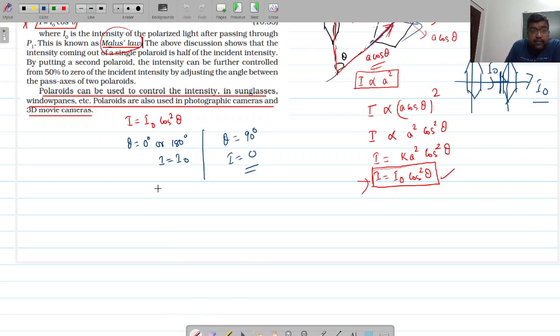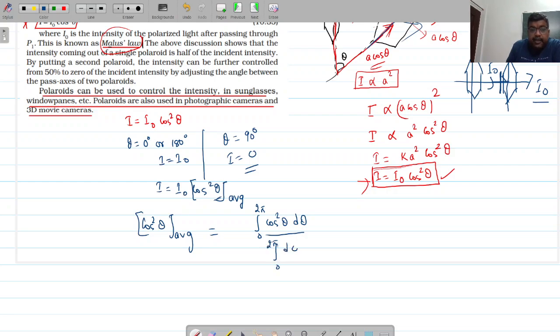By Malus law, we have I is equal to I naught cos square theta. Now unpolarized light means the vibrations are taking place in all planes, so this theta will keep changing. Since theta is changing, we need to take the average value of cos square theta. That is the integral from 0 to 2 pi of cos square theta d theta divided by the integral from 0 to 2 pi of d theta.